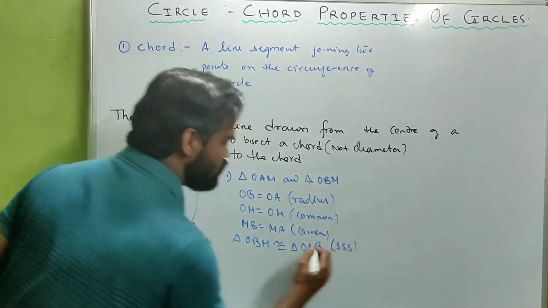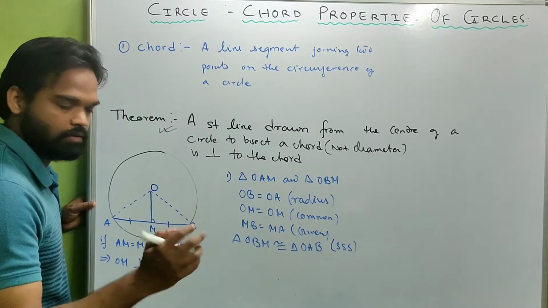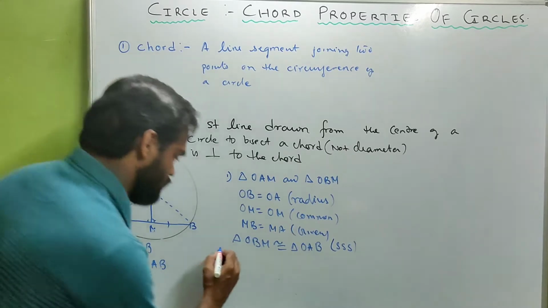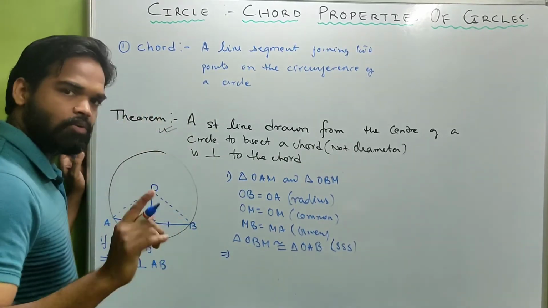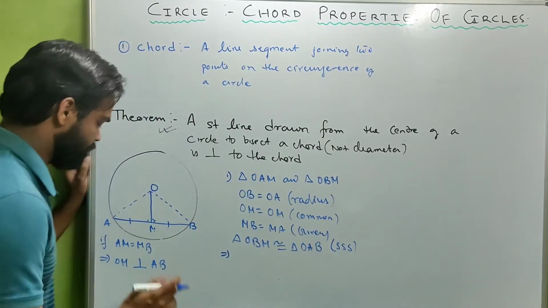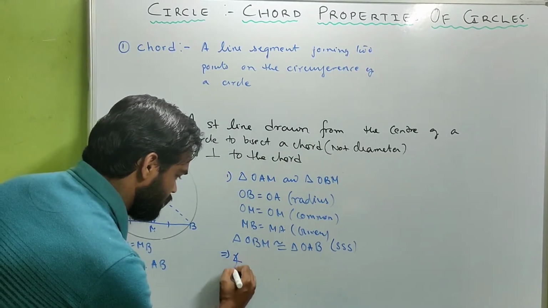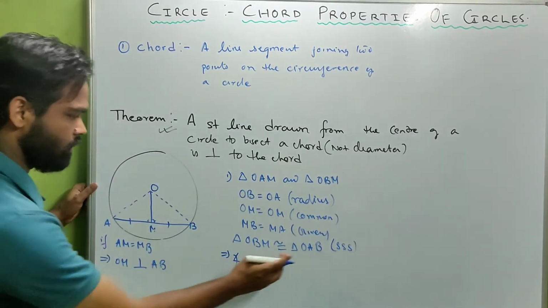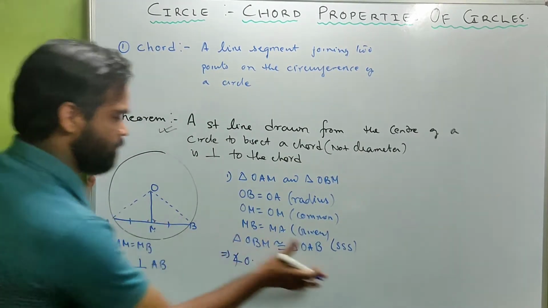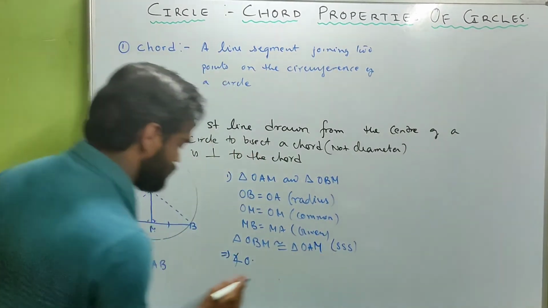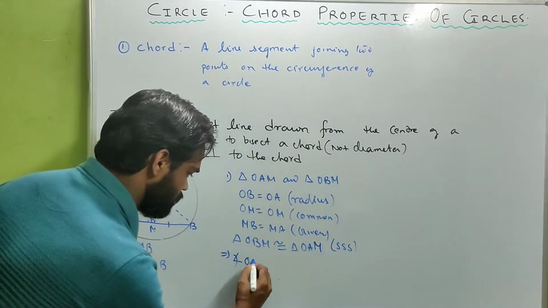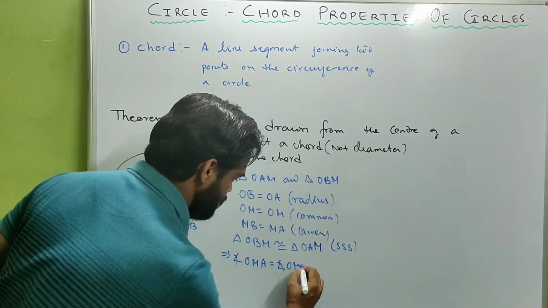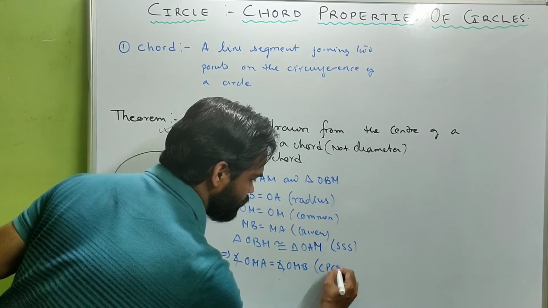side. Now if these two triangles are congruent to each other, which means these two angles will be equal, CPCT, which implies, we have already done congruency, you can go through the video and see, which implies angle OMA will be equal to angle OMB, CPCT.